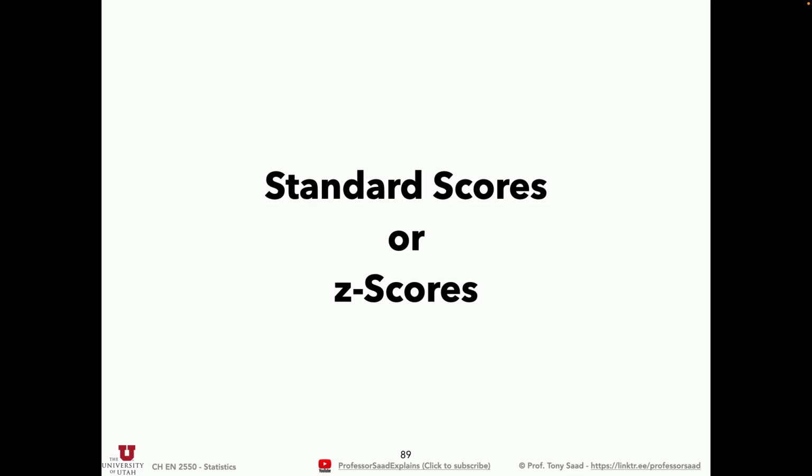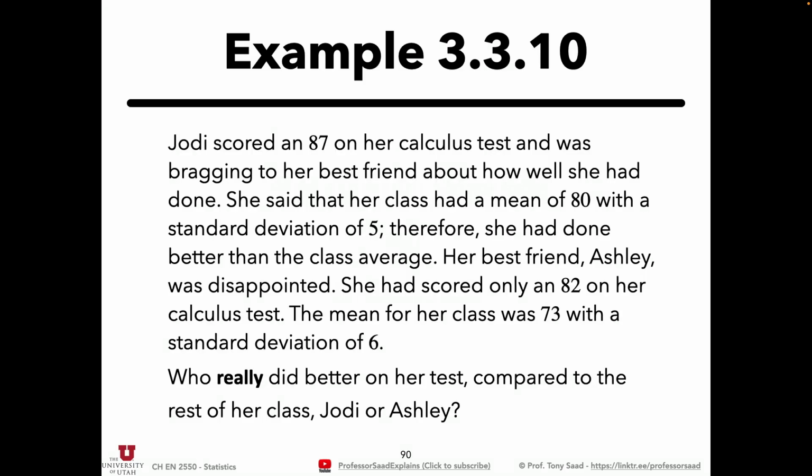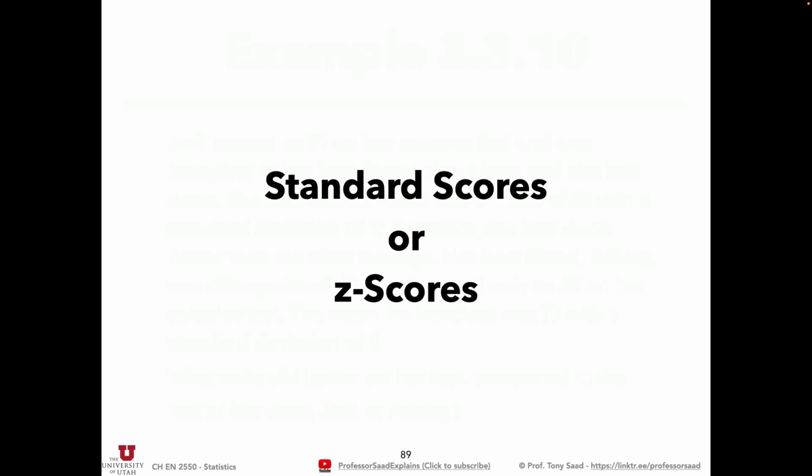Okay, we do one last thing before I let you go, because this will be on your homework. Another way to compare: we talked about comparing variability between distributions, in the sense of the entire distribution, standard deviation of distribution A versus distribution B. But what if one subject in a population earned $80,000 at their company, and another person earned $70,000 at another company?